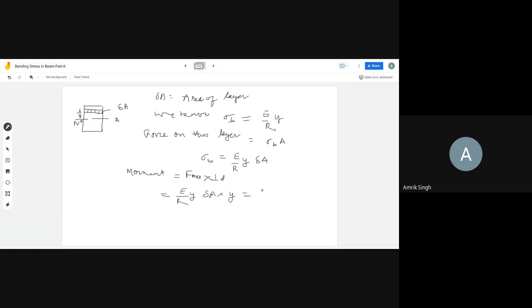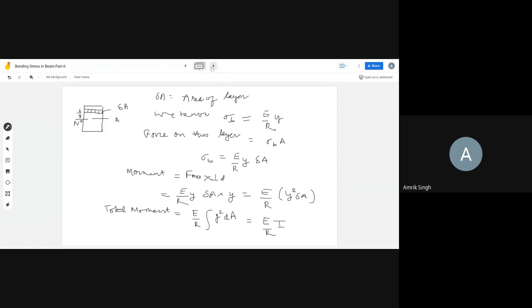So this is equal to E upon R Y square delta A. So total moment is equal to E upon R, and this will be integral of y square dA, and y square dA is nothing but it is I. So E upon R into I.